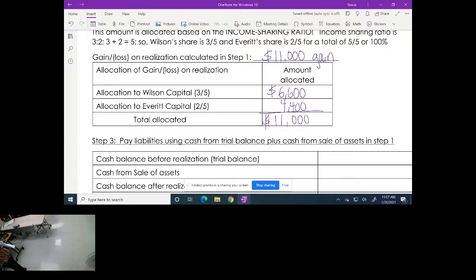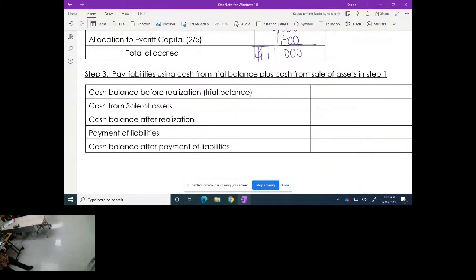Okay, so the third step in the process is to pay our liabilities off. And we have cash. If there's any cash left in the trial balance, we have that, plus what we got from selling the assets. So do we have any cash to begin with on our trial balance? 20,000. Okay, so we start out with 20,000 on our trial balance. That's up at the top of the problem.